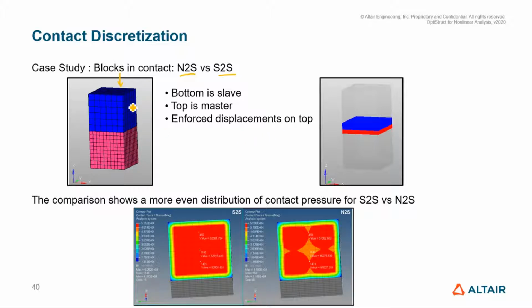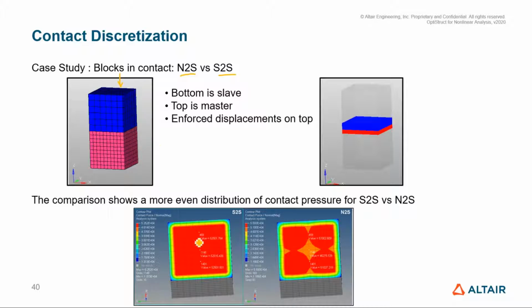You see that the moving object is actually considered master here. Now let me track back a bit. Remember our rule: the smaller mesh size is slave, the bigger mesh size is master. So that is following the rule of thumb that we set.